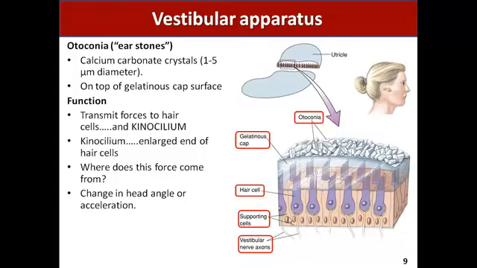And one last point to make here is that the hair cells are essentially embedded and nourished by what are simply referred to as supporting cells.